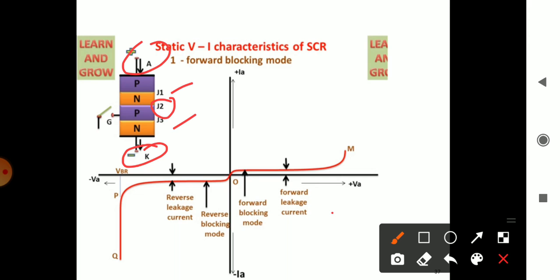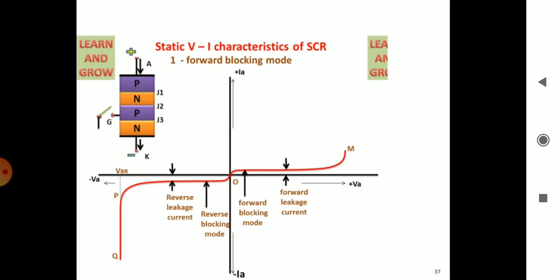Suppose we keep on increasing the voltage source across this SCR. At one point the junction J2 will break down and it will start conducting. That is nothing but the forward conduction mode.